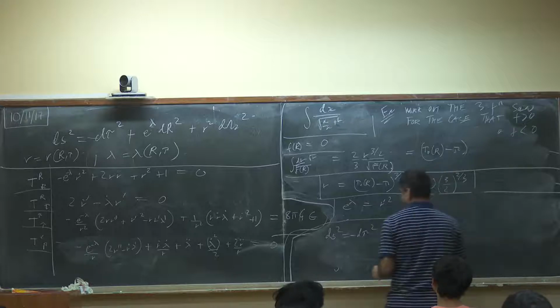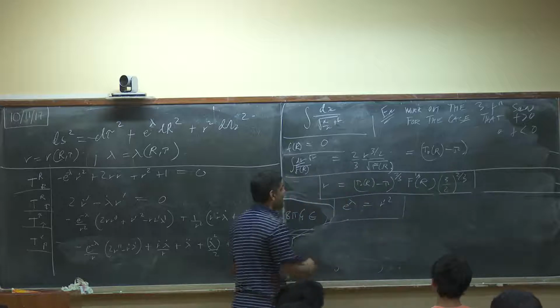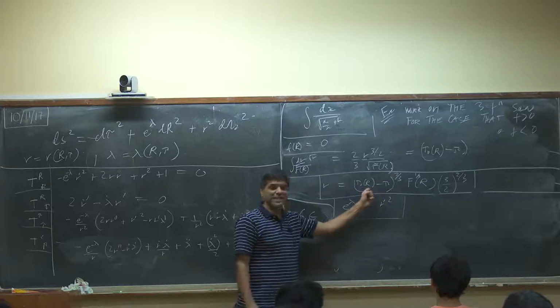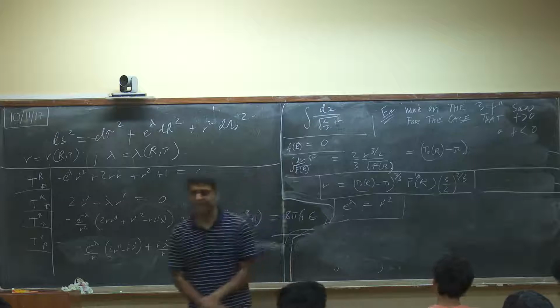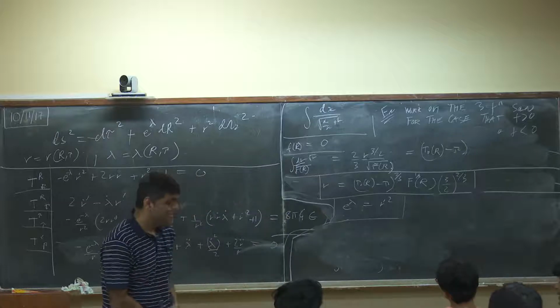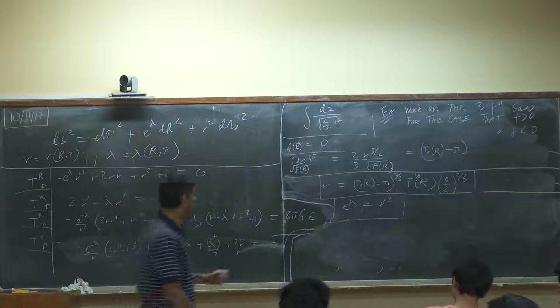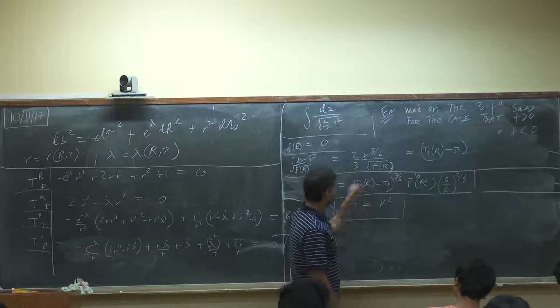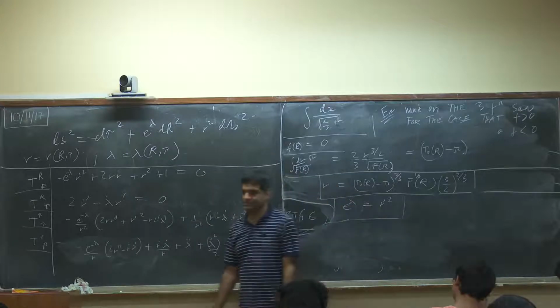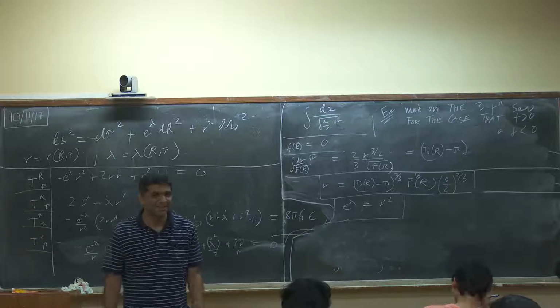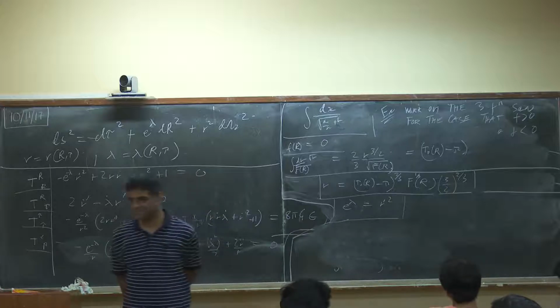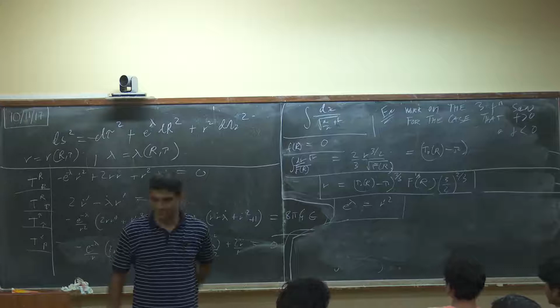Okay, let's actually further specialize. I'll do this in a minute. Now I'm going to make this even more special. Let me go to the case where little tau of r is a constant. What does this mean physically? That all dust shells collapse at the same moment.